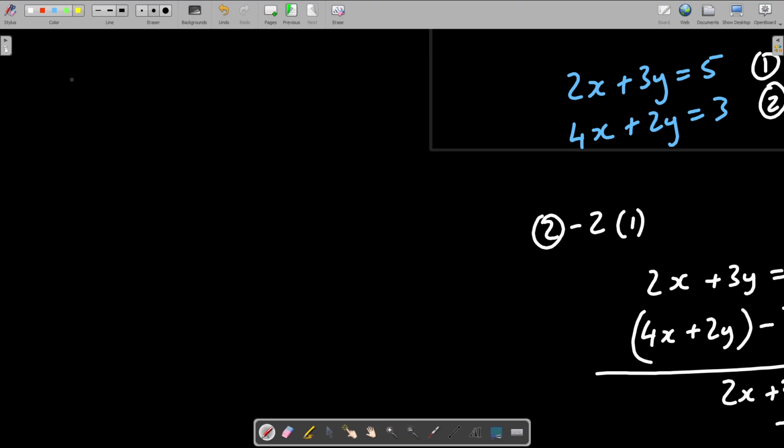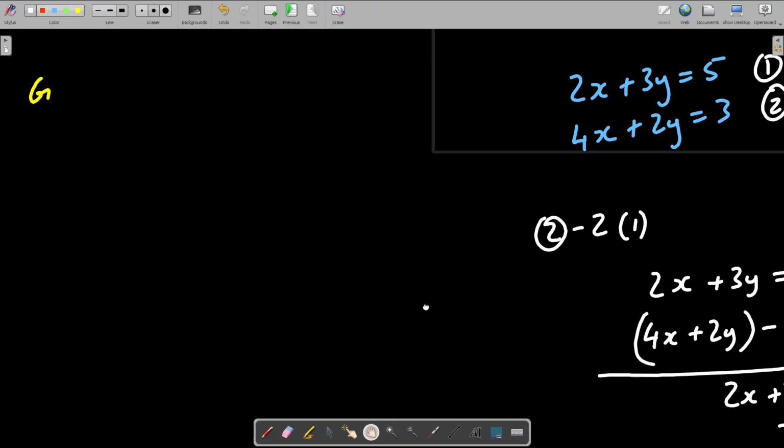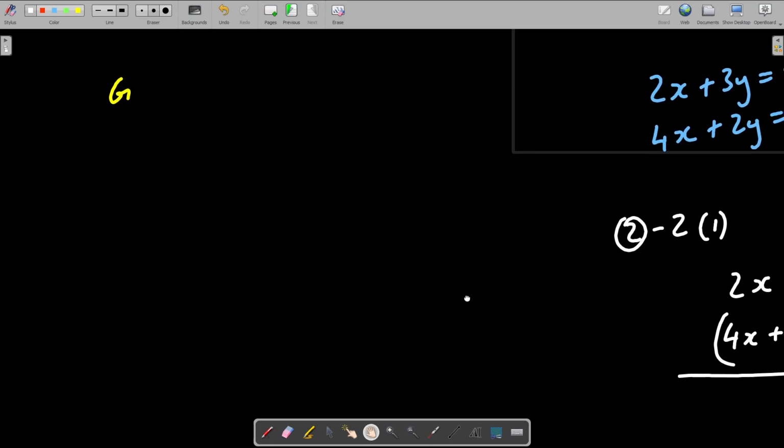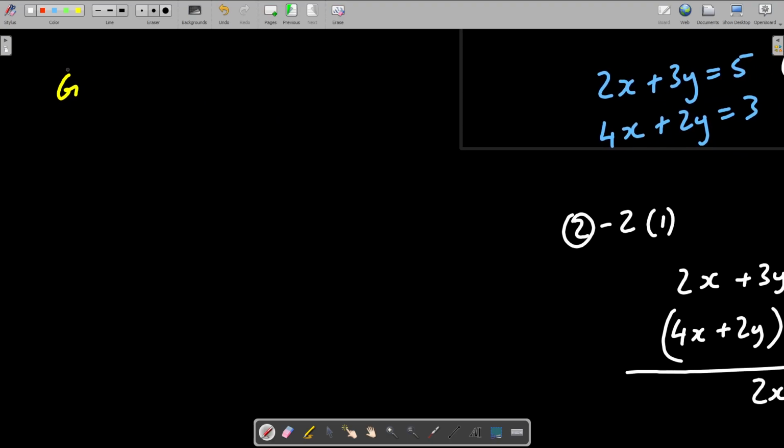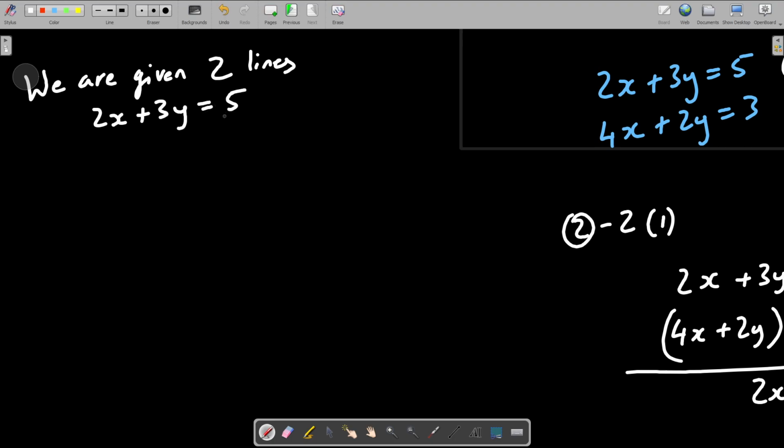Given, we are given two lines, 2x plus 3y is equal to 5 and 4x plus 2y is equal to 3, which are not passing through the origin.